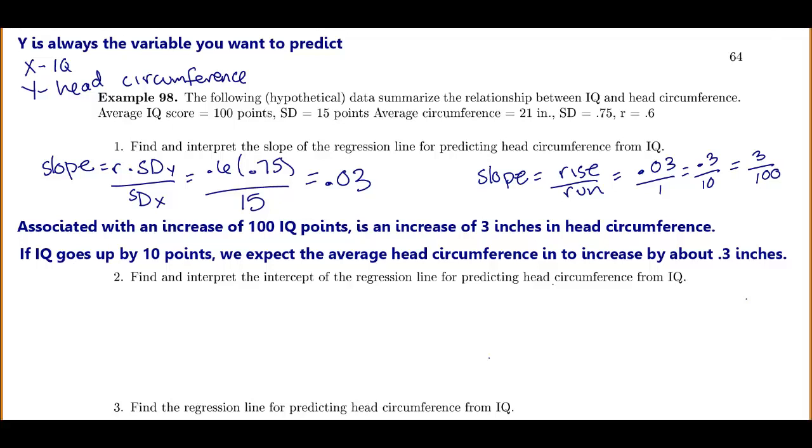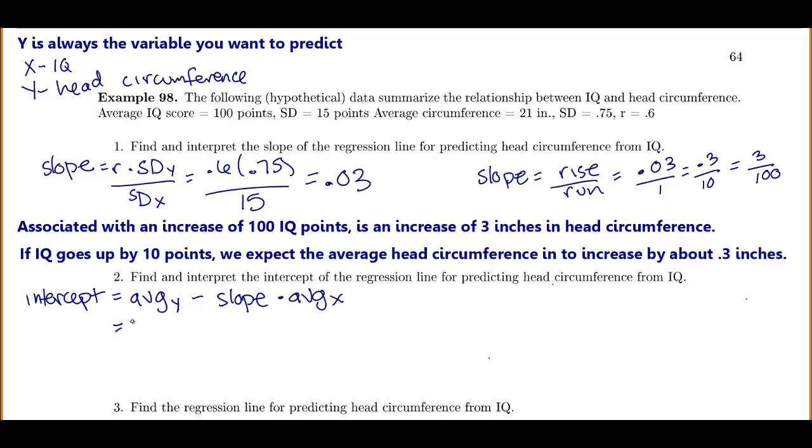Number 2, let's find and interpret the intercept for the regression line for predicting head circumference from IQ. Your intercept is the average of y minus your slope times the average of x.